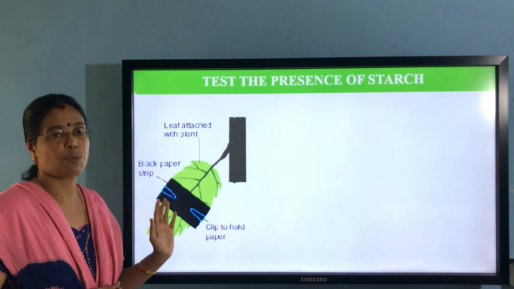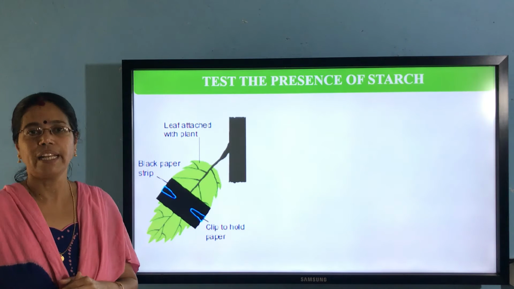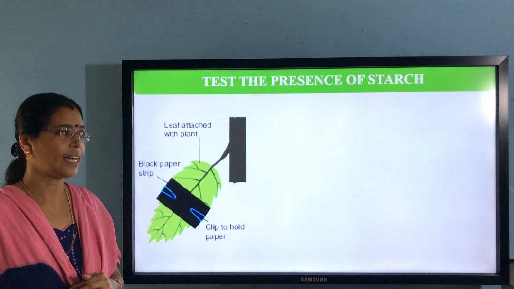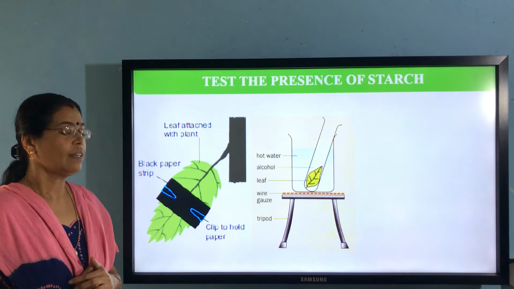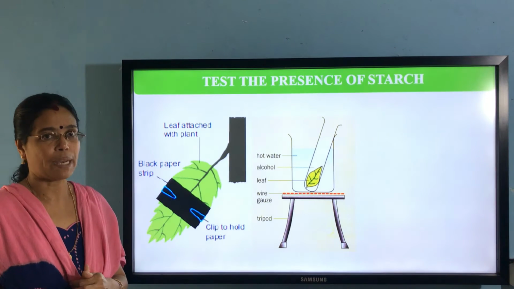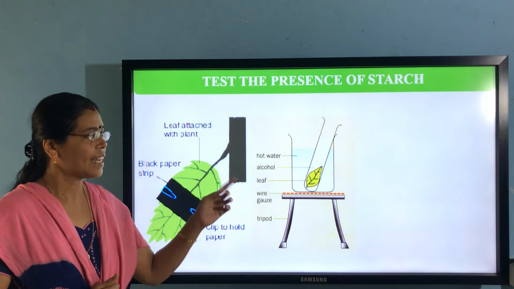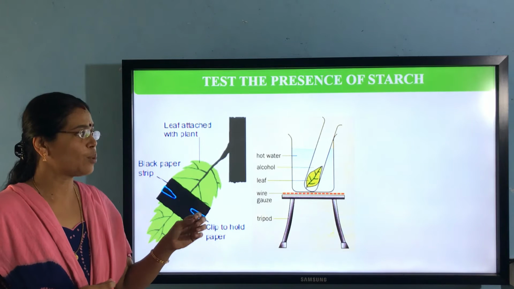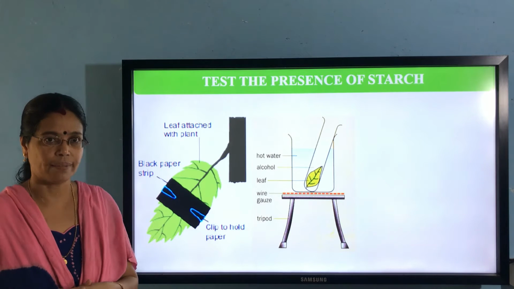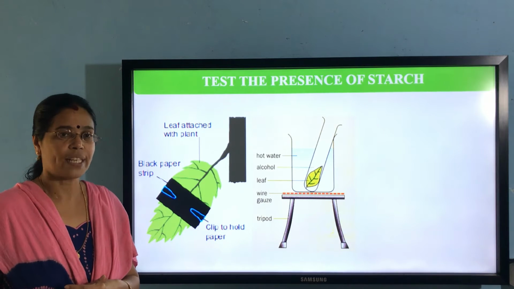Then leave this plant in the sunlight for 3 to 4 days. After that, pluck the leaf from the plant, remove the paper clip and take out the black paper. Keep the leaf inside a test tube containing alcohol, place the test tube inside a beaker containing hot water, and heat it for some time.